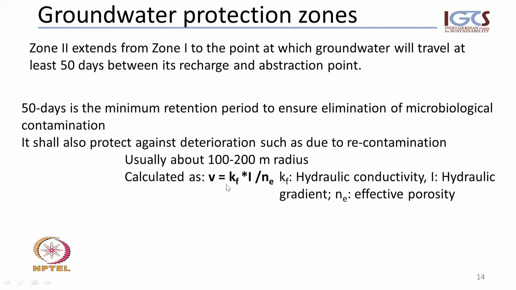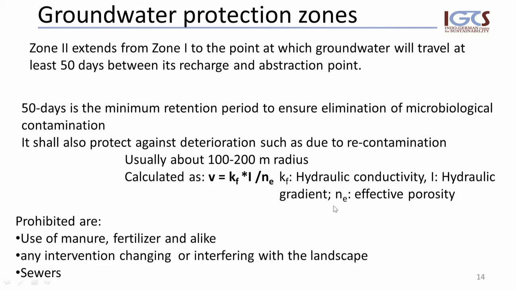It's following flow directions, but it can be calculated very precisely, calculating flow velocity from the hydraulic conductivity, the hydraulic gradient, and knowing the effective porosity of our aquifer. So there are parameters necessary about our water and about our aquifer system itself, which we can obtain from geological maps or from pumping tests conducted on our abstraction point or on abstraction points in the near vicinity.